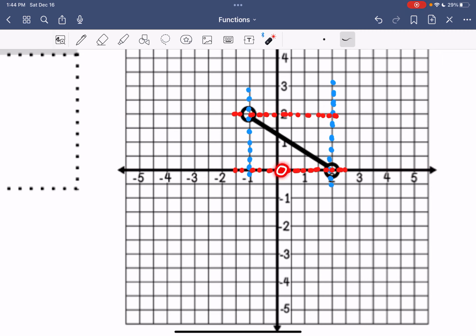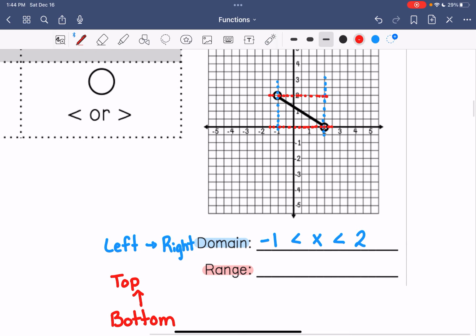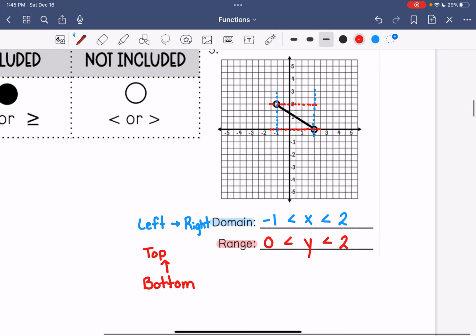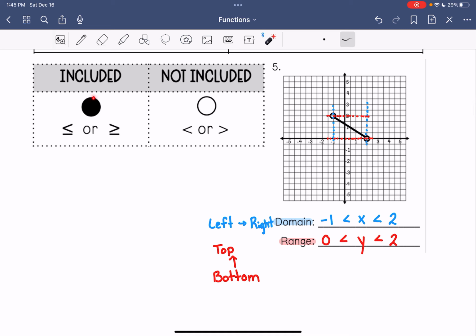From 0 all the way to 2. Range is measuring y values. I'll go ahead and fill in my inequality symbols, and then double check the circles on my graph, the endpoints, checking if they are open or closed. In this case, they are open circles, so my symbols are good. They do not need lines under them.